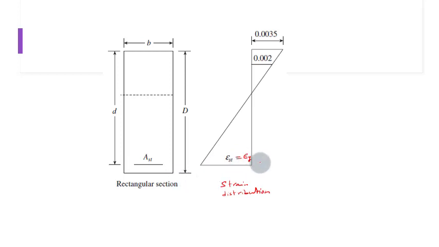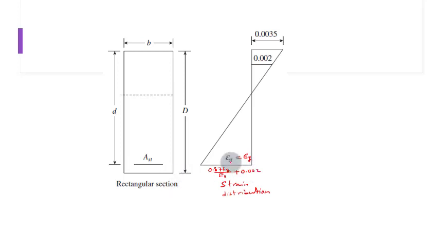In the previous video, we had seen what the value of yield strain is as per IS recommendation. This yield strain as per IS recommendation is 0.87 Fy by Young's modulus of elasticity of steel plus 0.002.